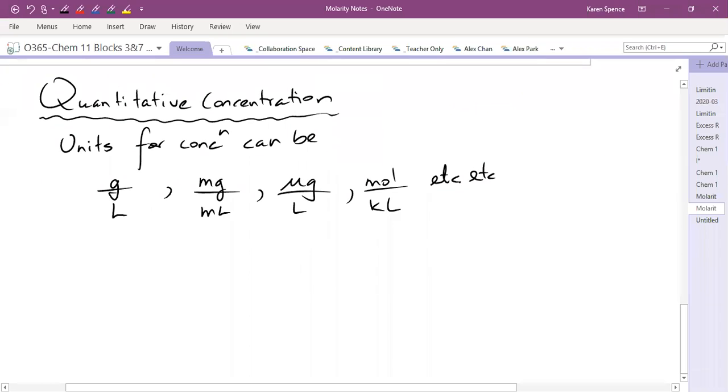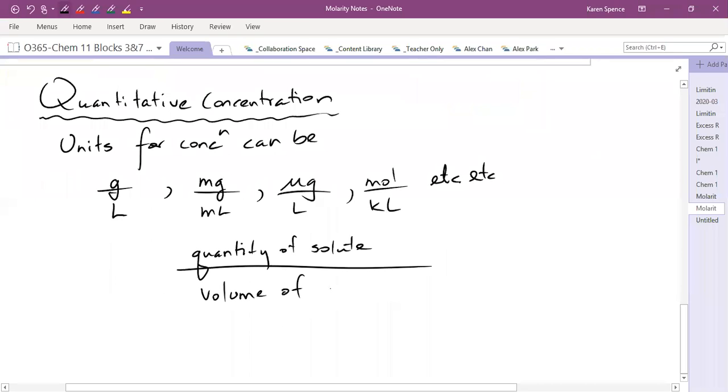As long as we have the quantity of solute over the, and in this case it's going to be volume of solution.